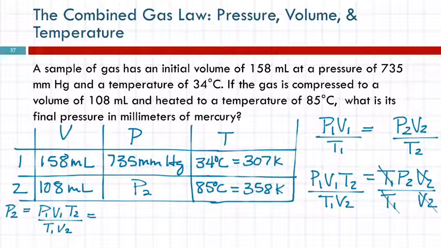Now we just pull the numbers out of the table. Pressure 1, 735 millimeters of mercury. Volume 1, 158 milliliters. Temperature 2, 358 Kelvin.